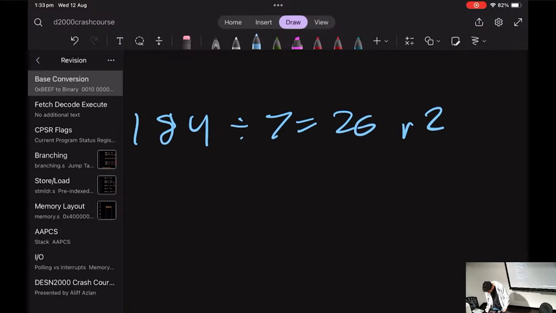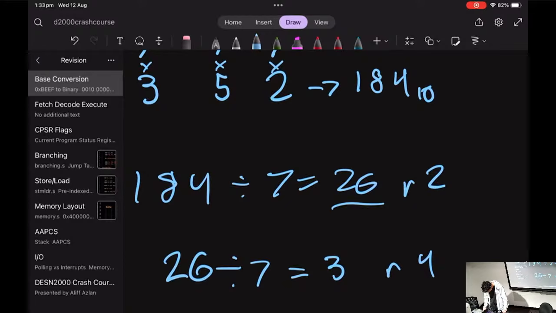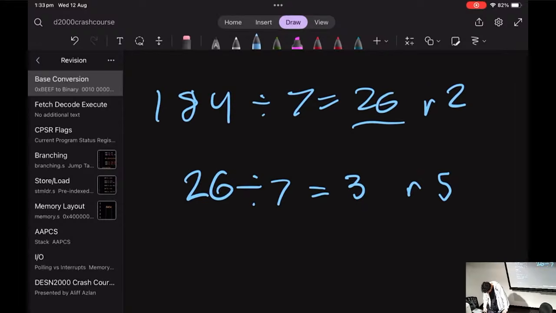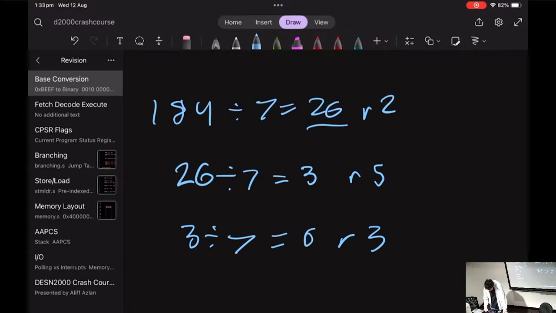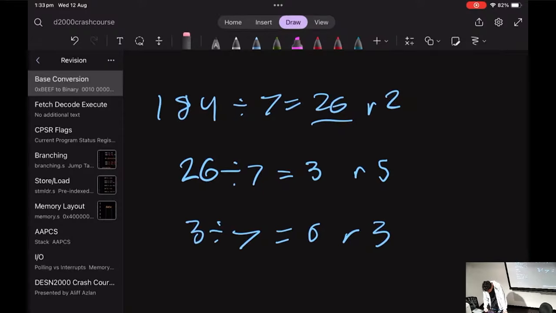Then we take this 26 and divide it again. 26 divided by 7 should be 3 remainder 5. Then what we have left is 3. 3 divided by 7 is 0 with remainder 3. And now, if you notice the remainders, this actually gives us our original number, but we have to read it from the bottom up. So we read it this way.